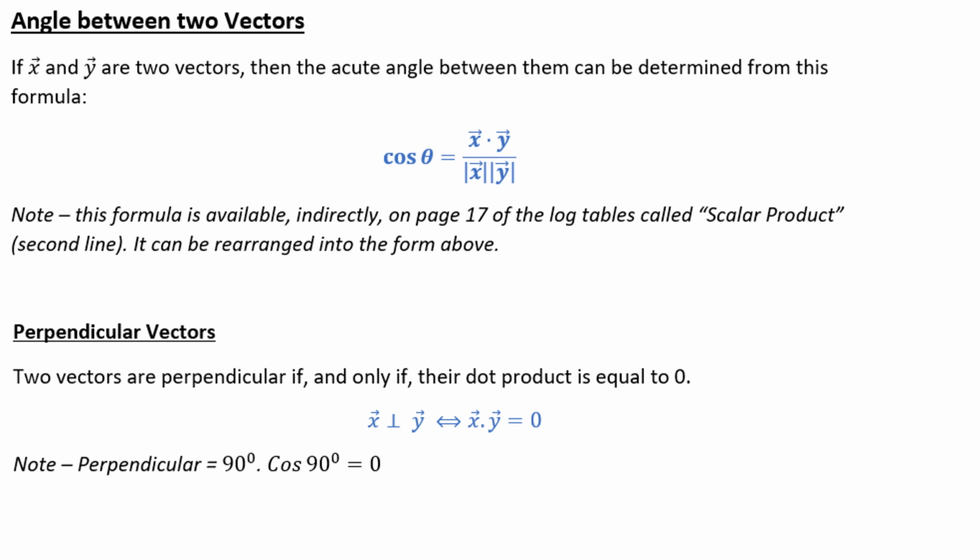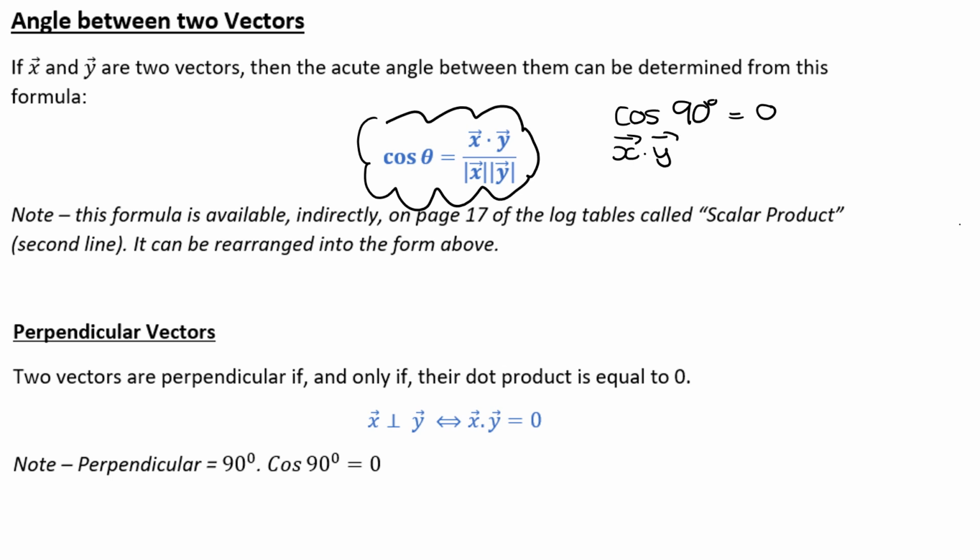So if we go up to this formula, which is why I've left it on the page, we can see that if the cos of 90 is 0, let me put in 90 here, that means that this thing here has to be equal to 0. Now, a few ways to think about this.